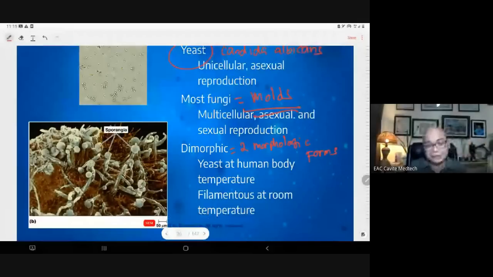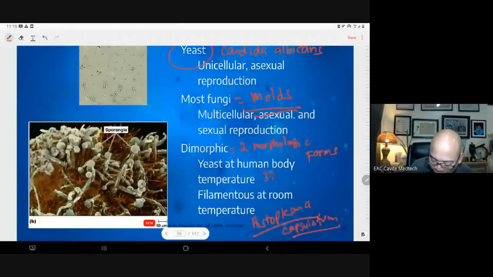Let me give you an example, Histoplasma capsulatum. When you expose Histoplasma capsulatum at 37 degrees centigrade, which is body temperature, they become yeast.